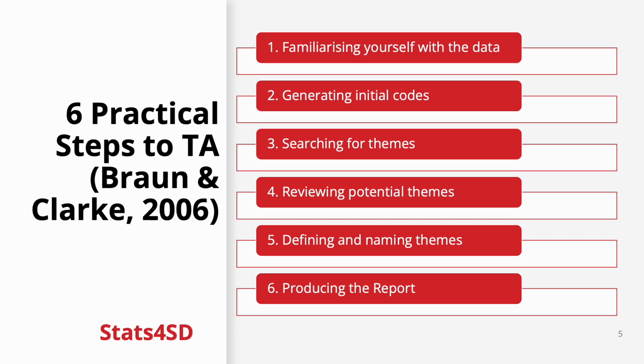For the second step, generating initial codes, we will have a closer look at coding later. However, briefly, this stage entails labeling pieces of content to describe different aspects of your data and focus on the micro level of things.